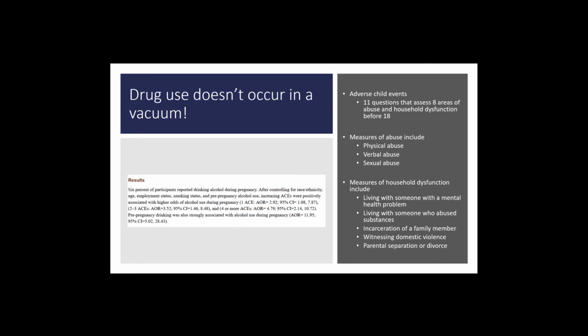6% of participants reported drinking during pregnancy after controlling for a bunch of things. It found that increasing ACEs were positively associated with higher odds of alcohol use during pregnancy. So literally, stresses before 18 years old were associated with alcohol use during pregnancy.